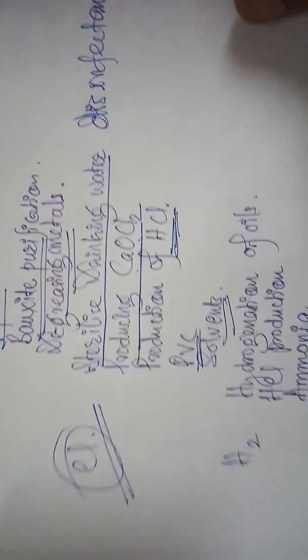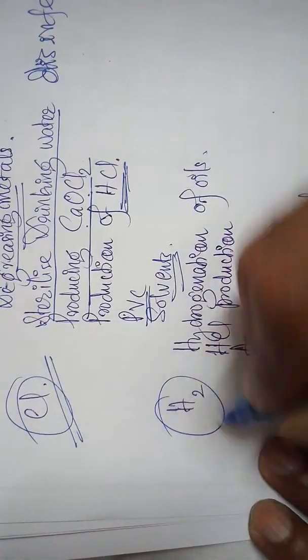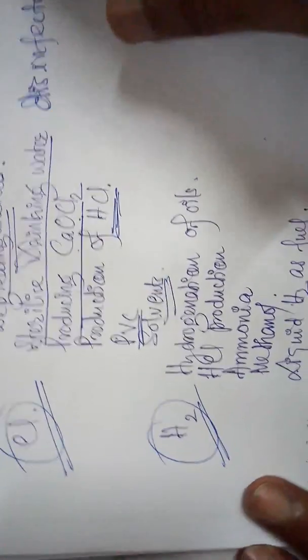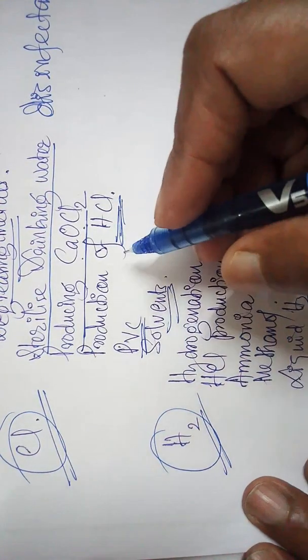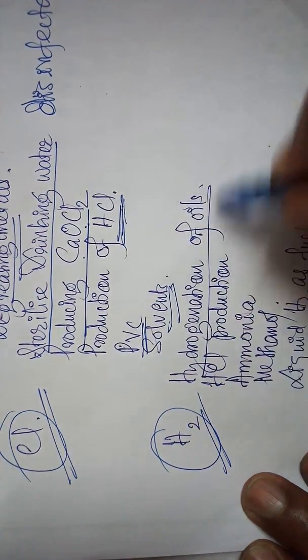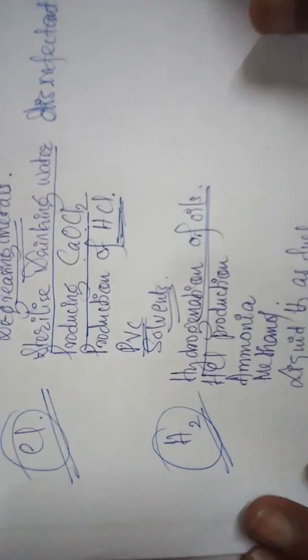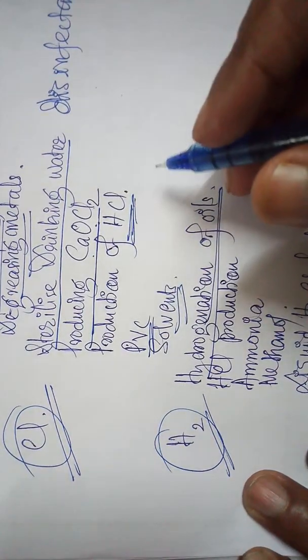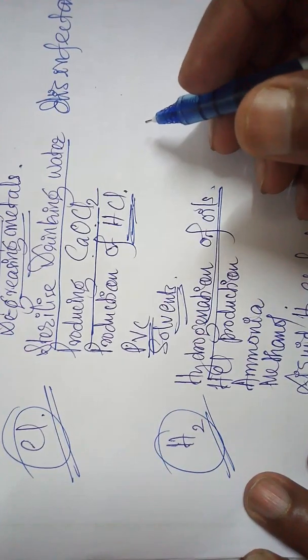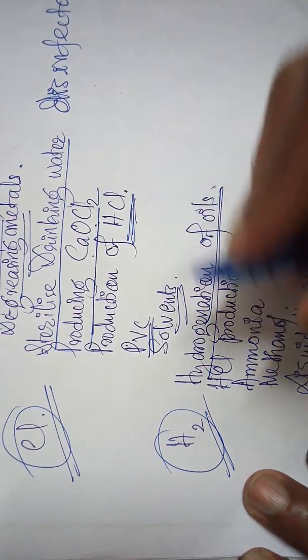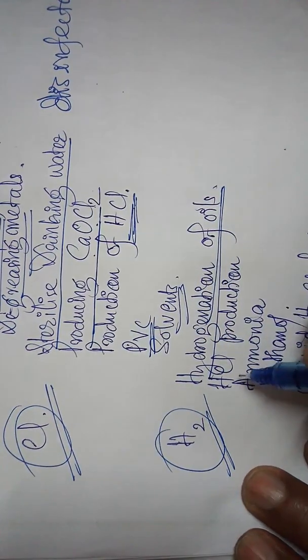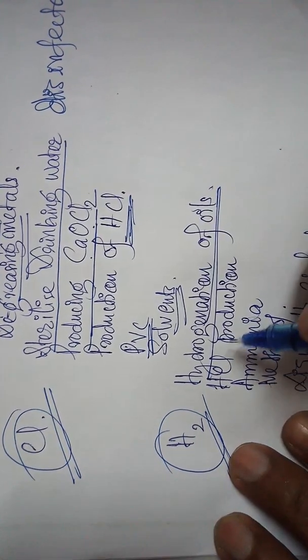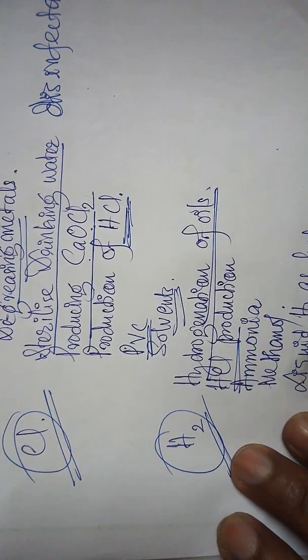Now, hydrogen, another byproduct. Hydrogen is used in the hydrogenation of oils to obtain solid fats called vegetable ghee or margarine. Hydrogen is used for the production of hydrochloric acid.